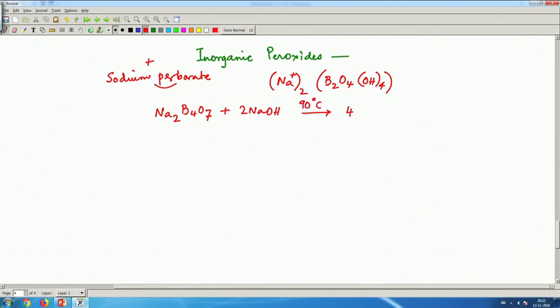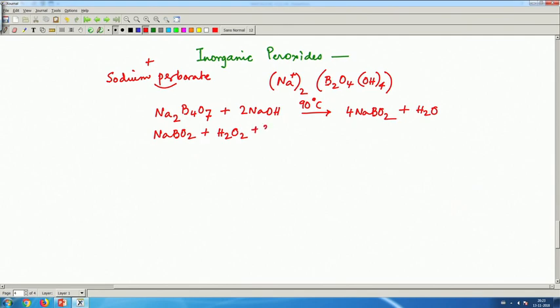It gives sodium metaborate, NaBO2, plus H2O, and this sodium metaborate NaBO2 reacts with hydrogen peroxide. That is the way we can introduce that peroxide linkage to sodium metaborate.